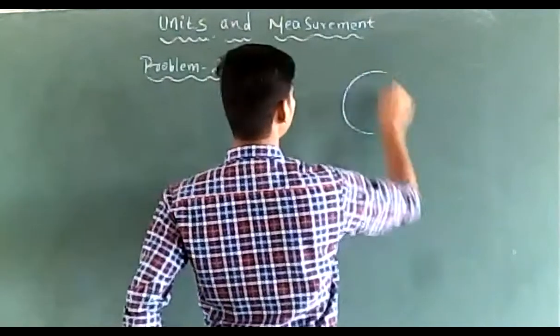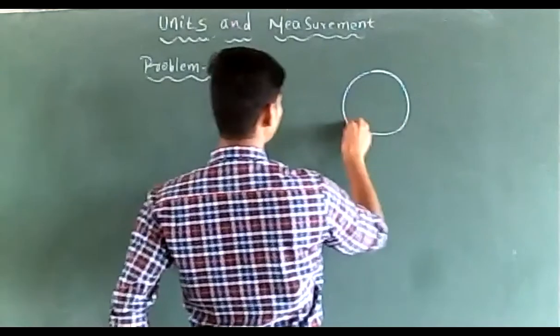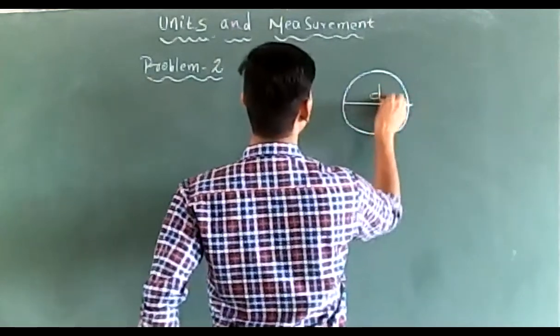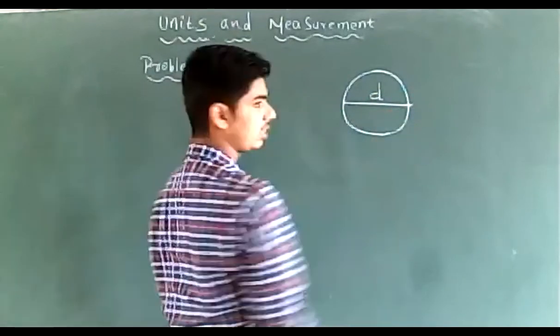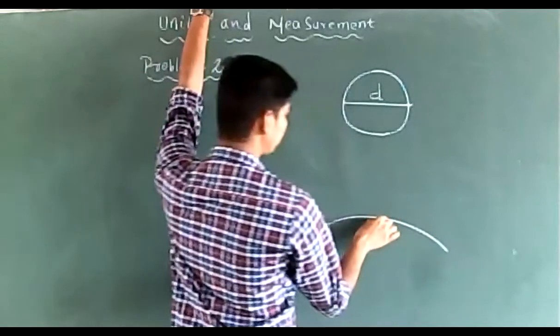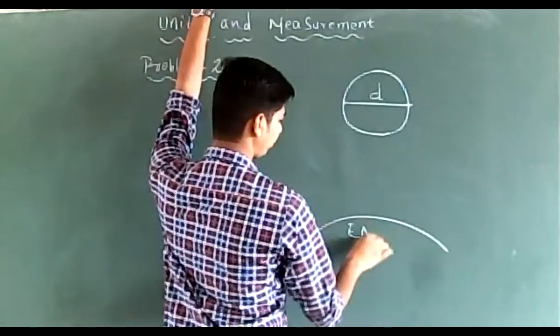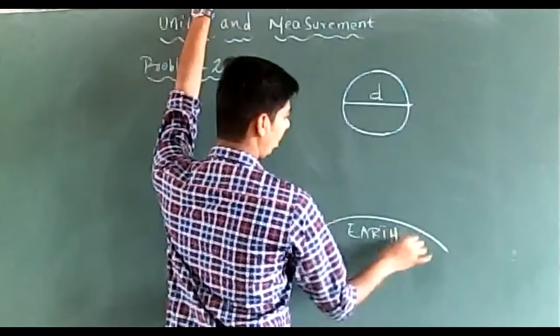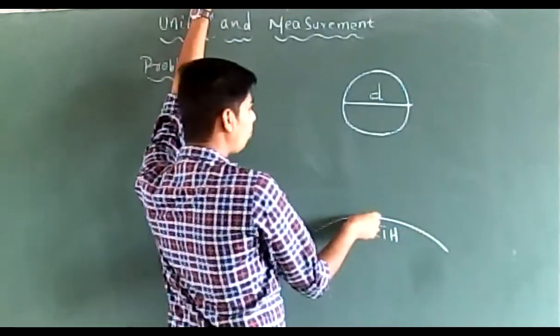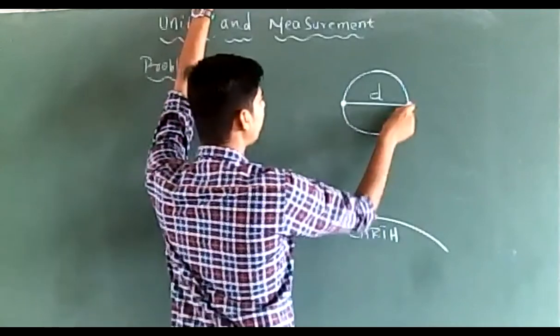I have told you, if this is some planet of a diameter, say d, and we do not know what its diameter is, what we do is we stand on the surface of the earth, and from this point on the surface of the earth, we observe the diametrically opposite points.